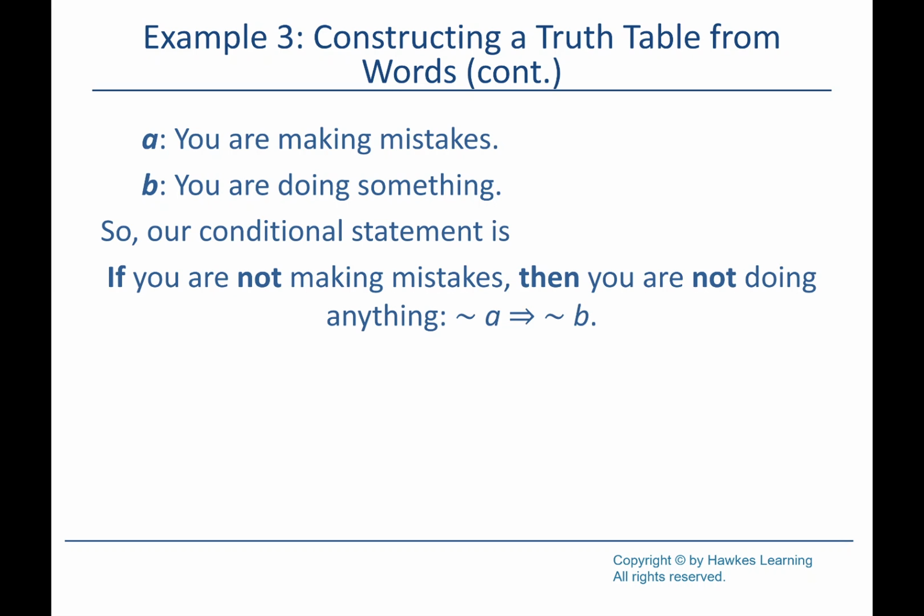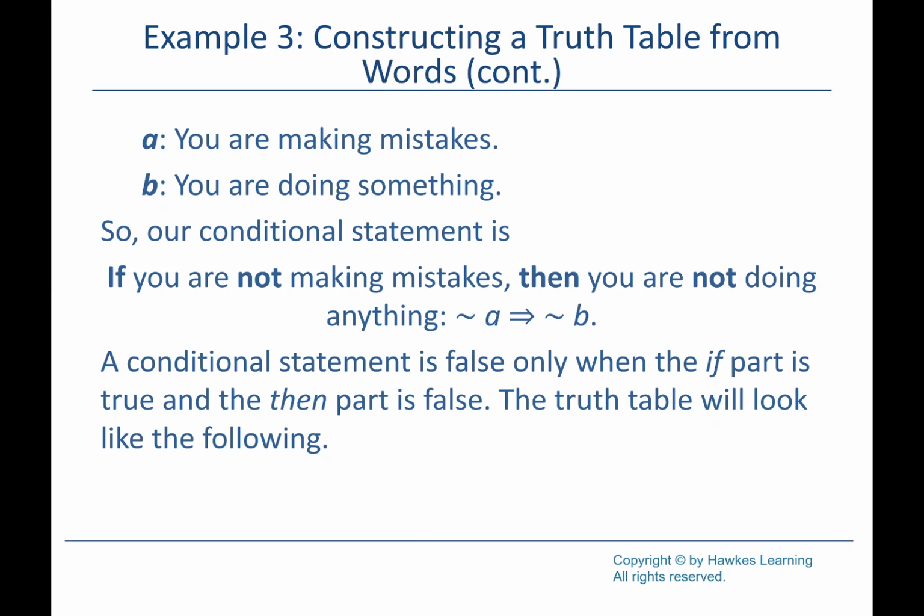Here, we're going to call "you're making mistakes" statement A, and "you're doing something" statement B. So symbolically, our compound statement would be: if not A, then not B. That's the table we're trying to fill out here.